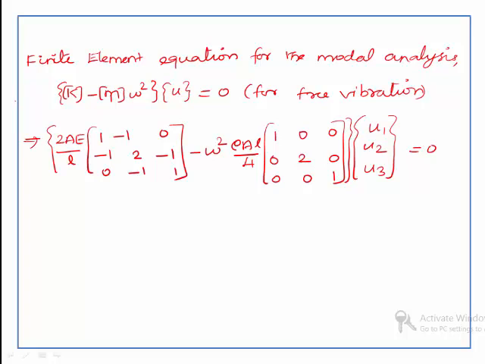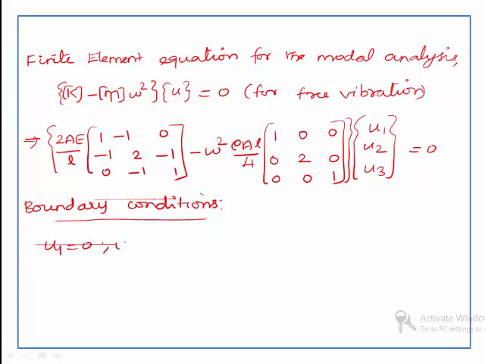Now we can write down the boundary conditions for the given problem. The first nodal point alone is fixed, so the displacement at nodal point 1 is 0, U2 is not equal to 0, U3 is not equal to 0.